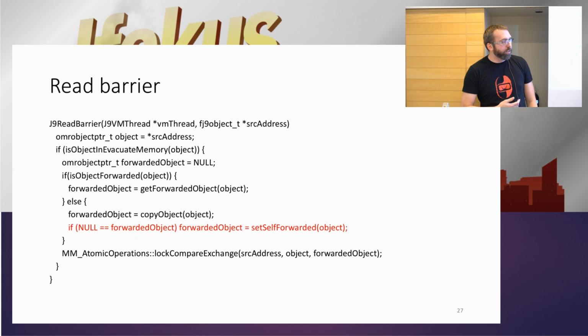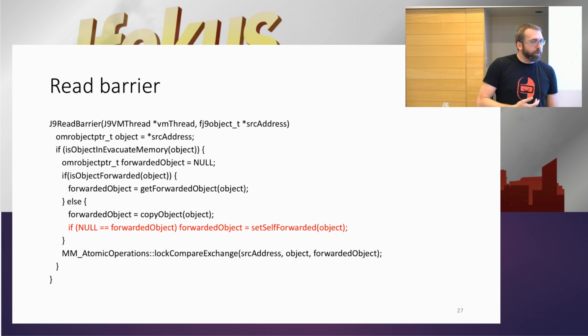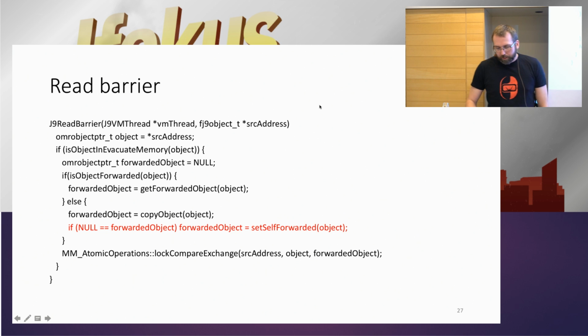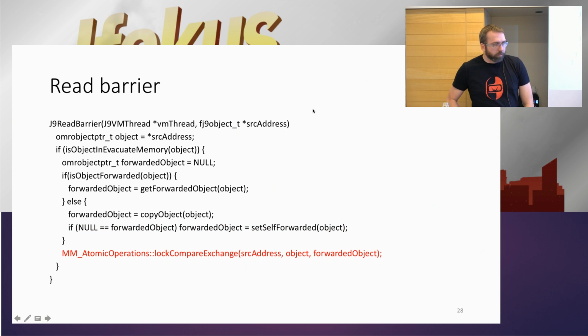It's not a great story right now, and that's one of the things we hope to improve in the future. But this self-forwarding is something that the global collector can then recognize and fix up as it's doing the full collect. And then at that point, we'll go off and compare and exchange in the new forwarded object to the address.